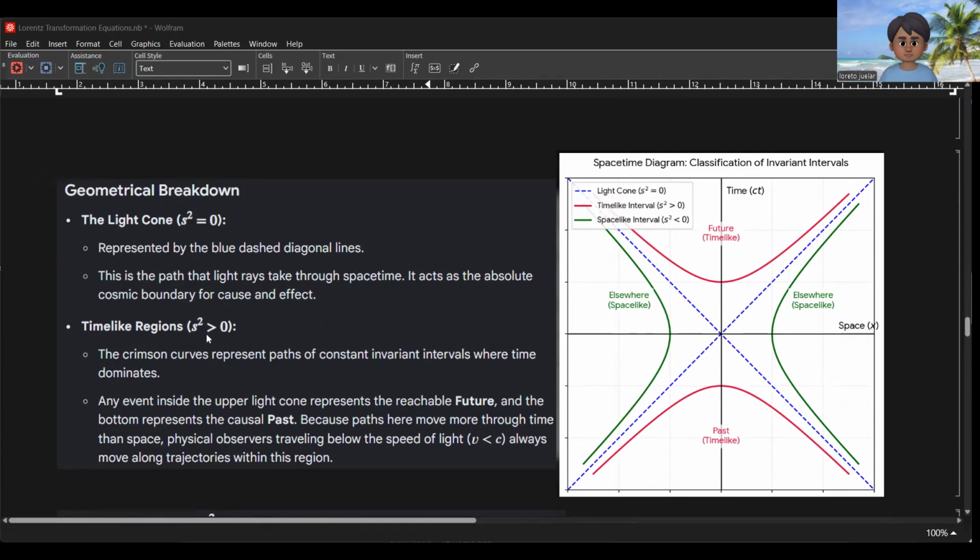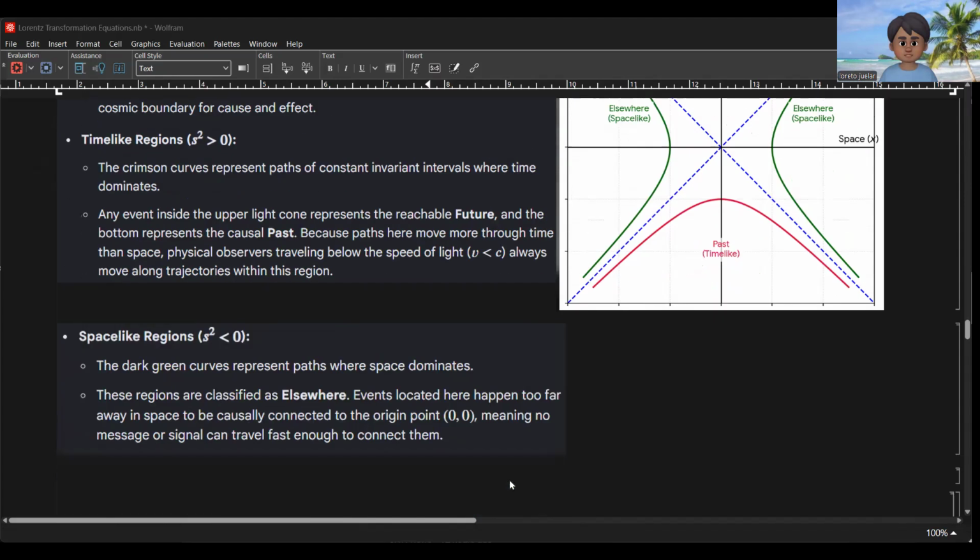The crimson curves represent paths of constant invariant interval where time dominates, so we have the past time-like and the future time-like regions. An event inside the upper light cone represents the reachable future, and the bottom represents the causal past. Because they move through more time than space, physical observers traveling below the speed of light, v less than c, always move along trajectories within this region.